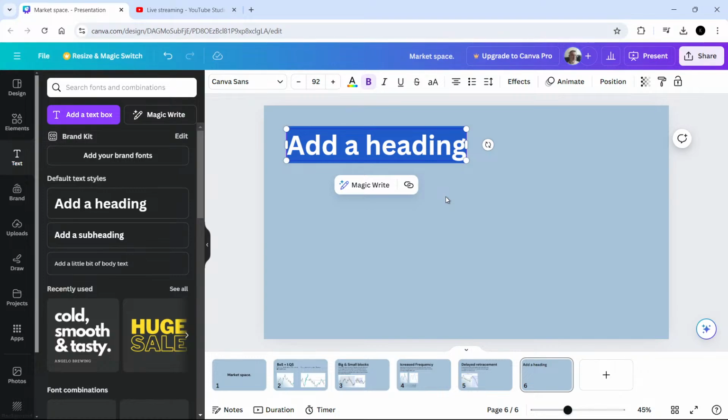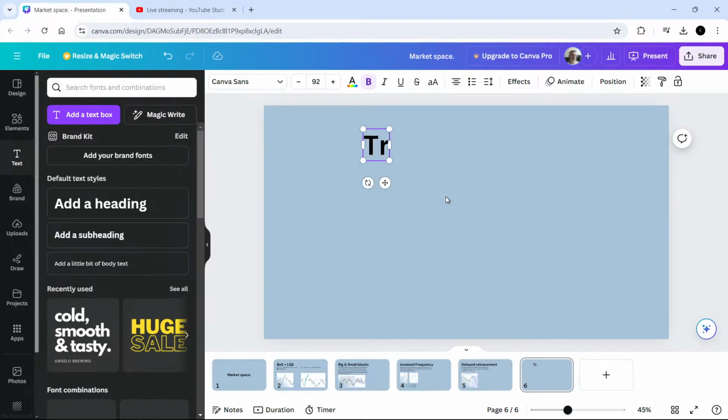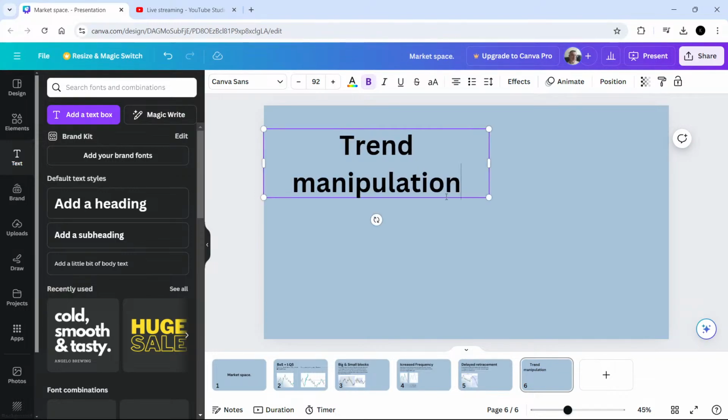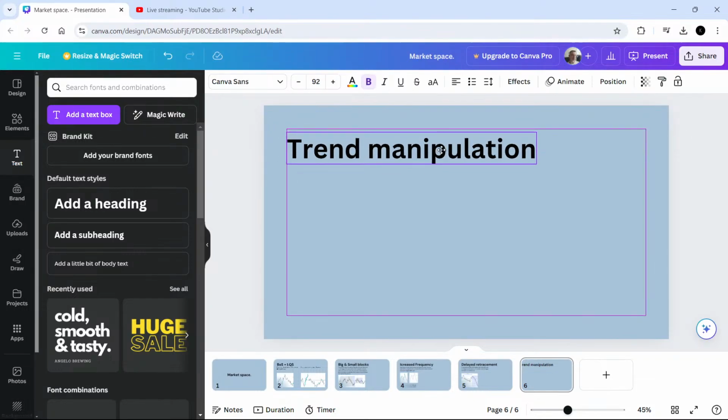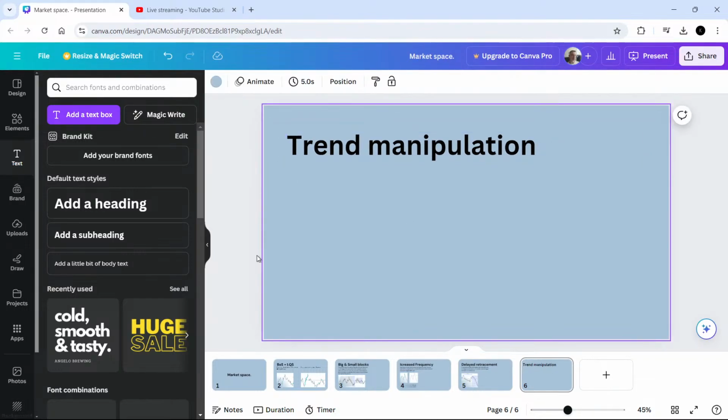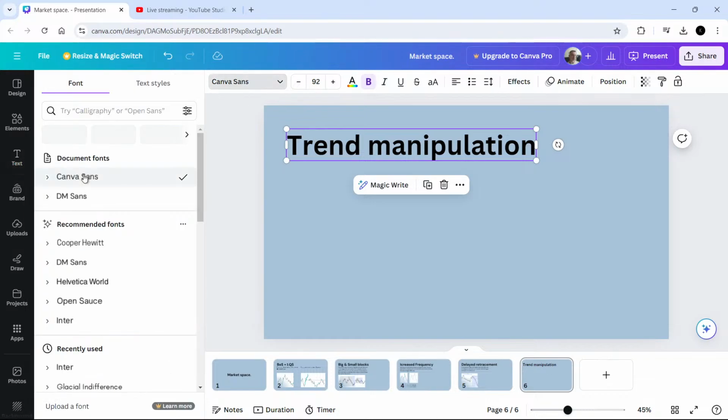Trend fake trend, no. Trend manipulation, sounds good. Again, I don't want to overcomplicate with those names. It's too long. Okay, trend manipulation. I'm actually making my own concepts.